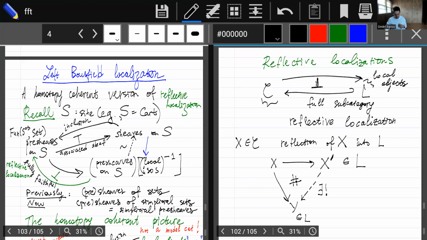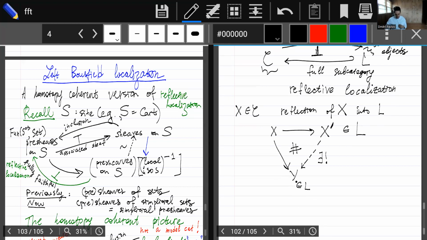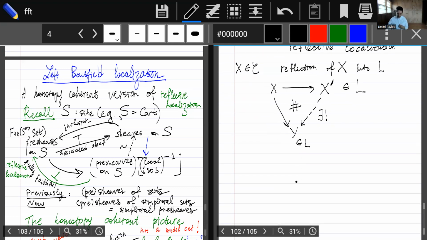And here, a typical example would be the associated sheaf of a presheaf, right? If you recall, you have F, a presheaf. What kind of universal property can you expect from its associated sheaf?